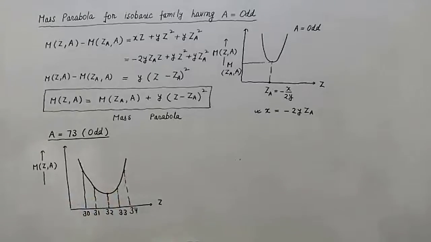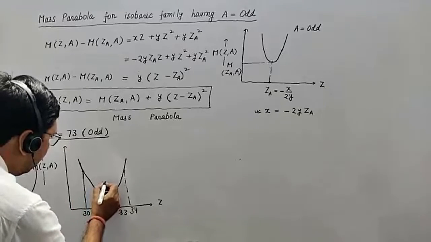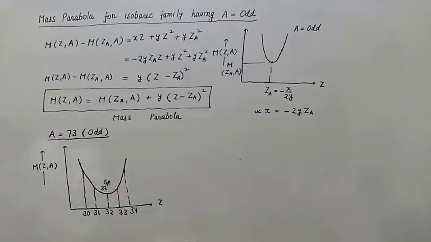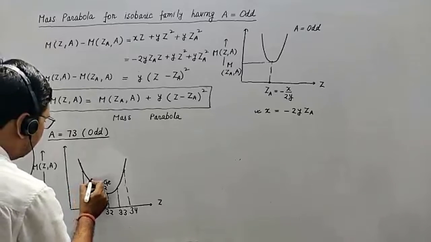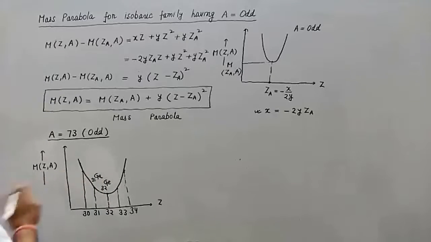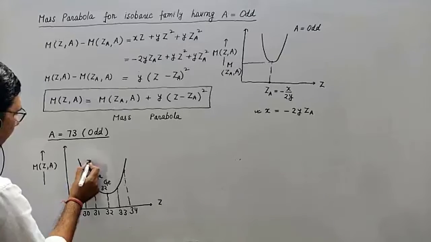This central member with Z number 32 is 32Ge73. This 31 is corresponding to 31Ga. This is 30Zn, zinc.